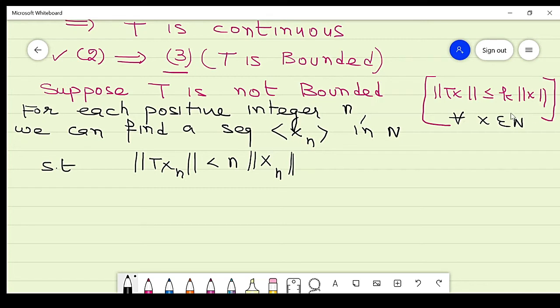This condition. So we can find one member where n is 1, a second member where n is 2, a third member where n is 3, and so on. So it means we can find a sequence. So that is written as equation number 1.